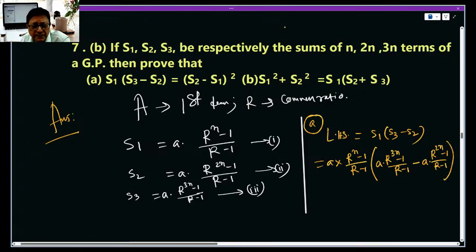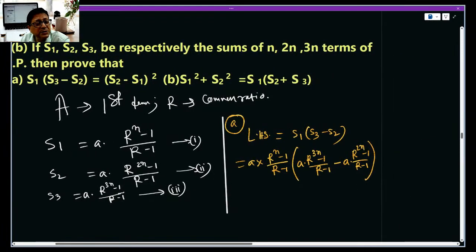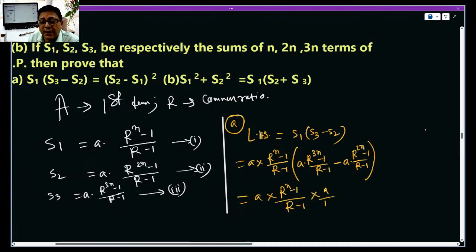Am I clear? You all understand? I hope so. What S1, S2 are given over there, based on that I am calculating the left hand side. So it is A into r minus 1. Then you take A by r minus 1 common. What will you get there?